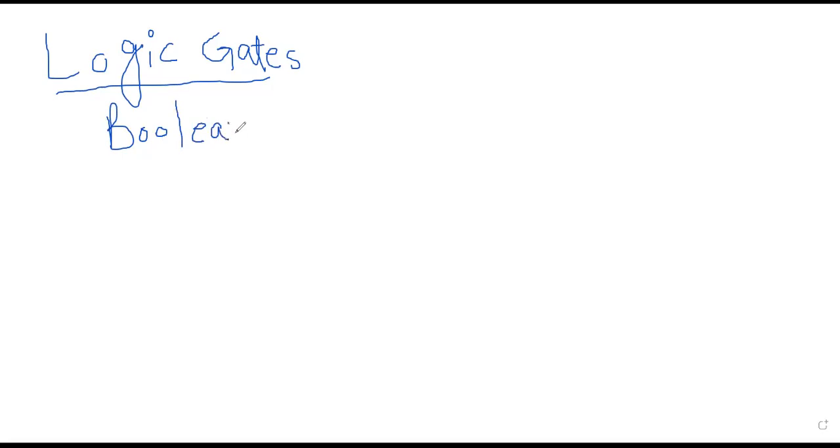Okay, so Boolean basically contains two signals, whether it is 0 or it is 1. So 0 means no, 1 means yes. Also 0 means false, and 1 means true.